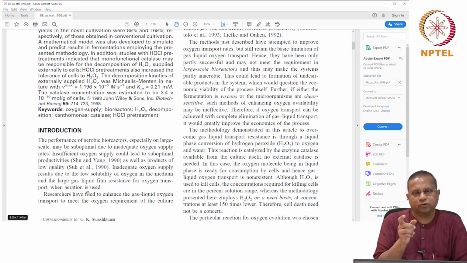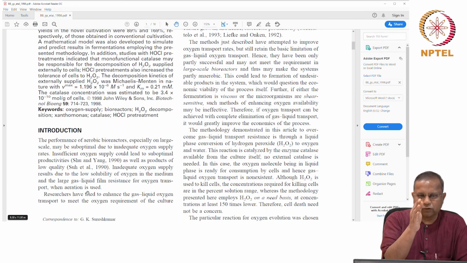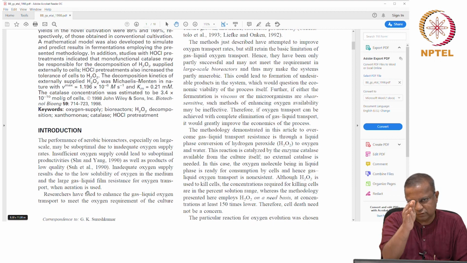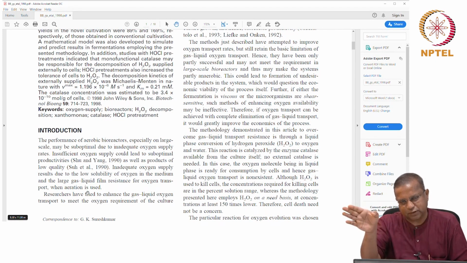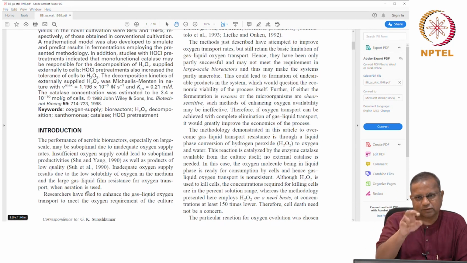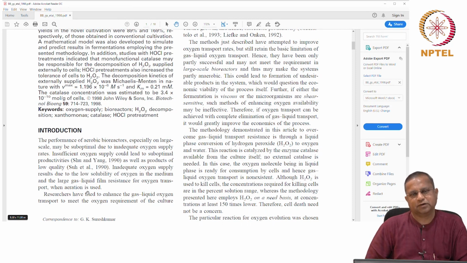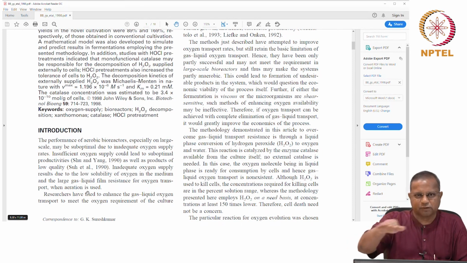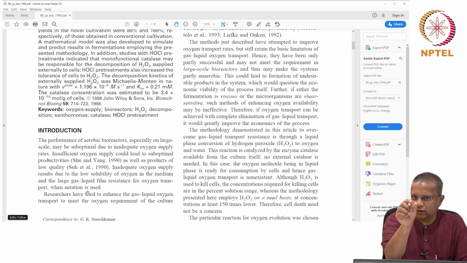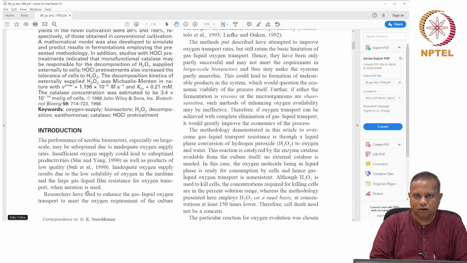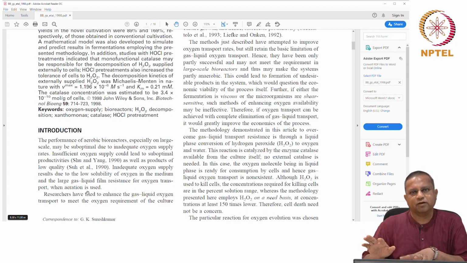Okay, for people who don't know about the film, if you look at the concentrations of oxygen near the interface, just beyond the interface into the liquid side, assuming that it goes from the gas phase to the liquid phase, there's going to be a huge drop in concentration. Then the drop is going to be much, much shallower.